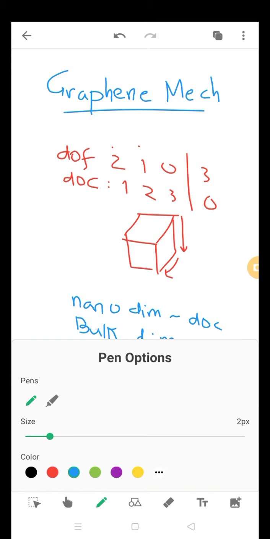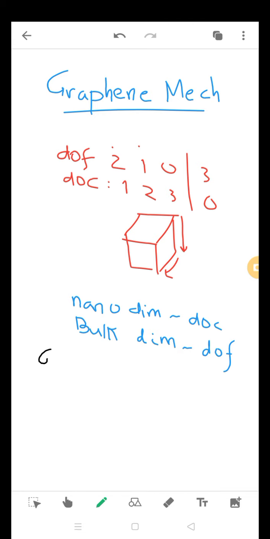Now in graphene, that means if we consider one atomic layer of carbon, that combination of hexagons, so this is actually a graphene sheet.